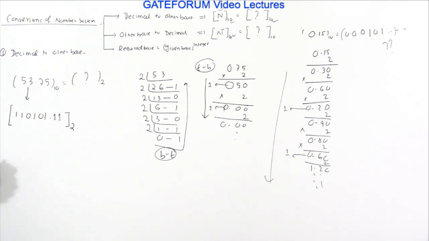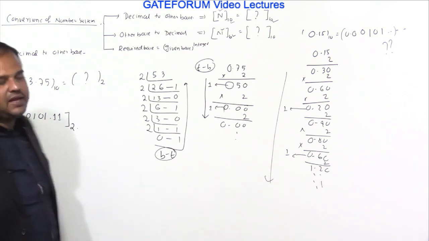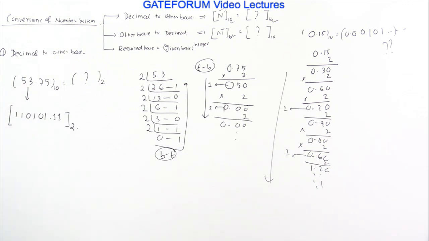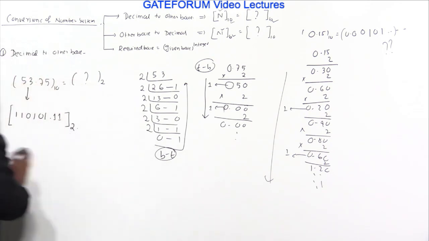One simple conclusion you can make a note of: it is always possible to obtain the equivalent of an integer part, but it may not always be possible for a fractional part, because when you keep on multiplying the fractional part, you may never get 0.00. The integer part will always reach 0 if you keep on dividing it. So there is an end point in the integer part, but there is no end point in the fractional part. Okay, so make a note of it.